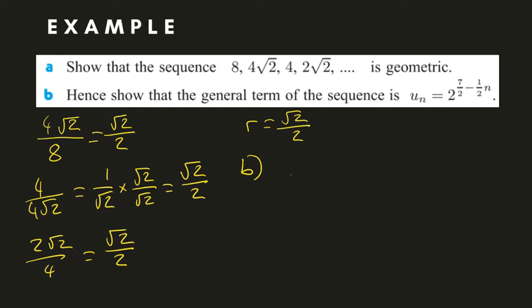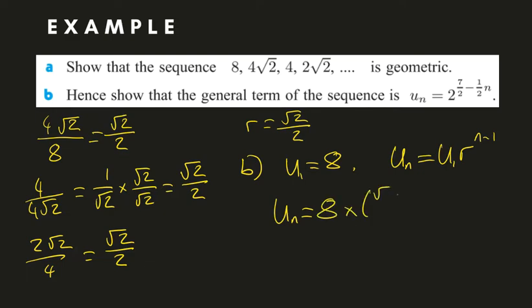So we know that u_1 is 8 as well. Let's write that down. And we have our general formula we can start plugging into, and that is u_n equals u_1 r to the n minus 1. So let's plug those numbers in and see what happens. So u_n will be 8 multiplied by root 2 over 2 to the n minus 1.